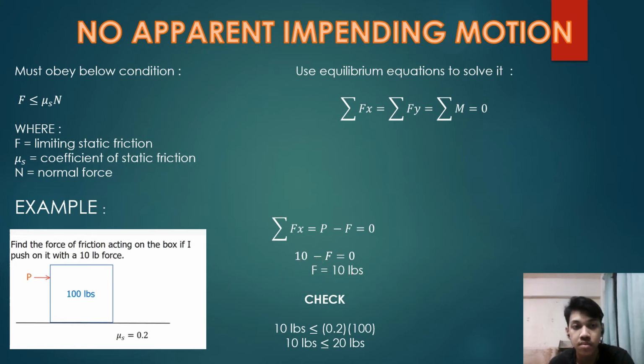Then we substitute it back into this formula to check whether it is correct or not. 10 pounds must be less than or equal to 0.2 times 500. So basically we got it correct because 10 pounds is less than 100 pounds. So that's all for case 1.